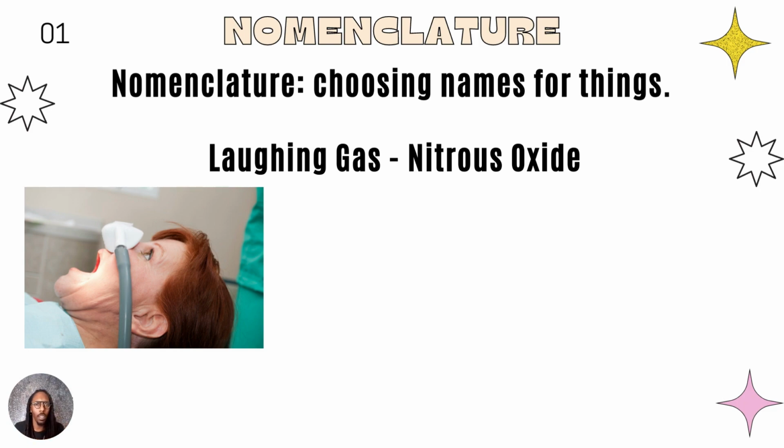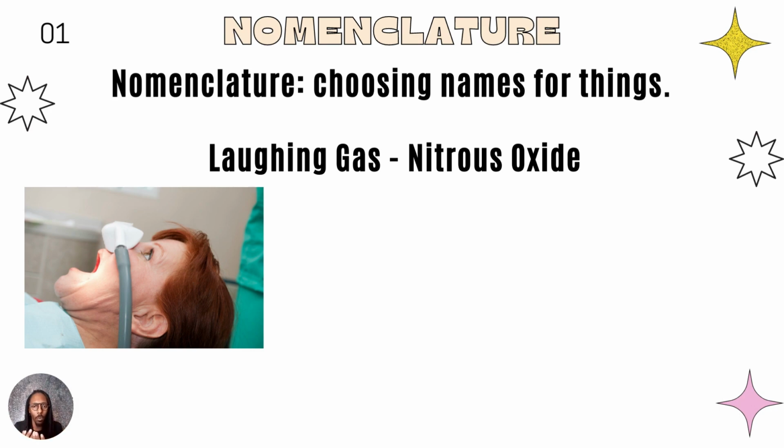Here's a great example: laughing gas. When they first found these different chemicals, especially back in the 1700s and 1800s, everybody was just naming anything. Laughing gas is one of those. Milk of magnesia is one of those. There was really no set form.